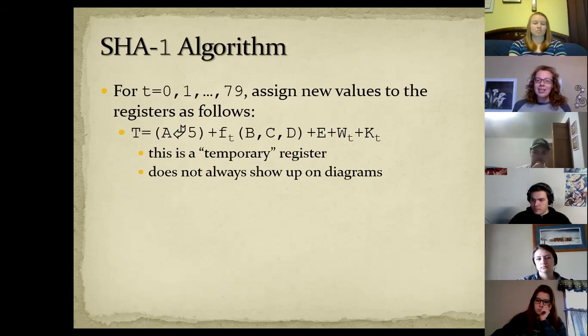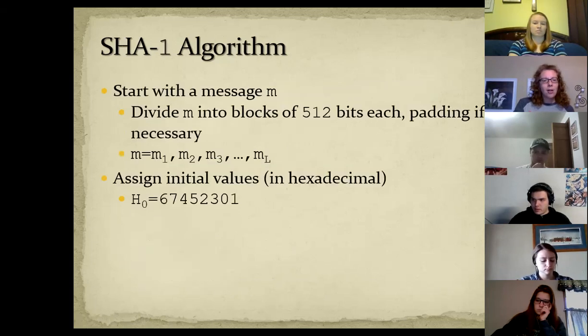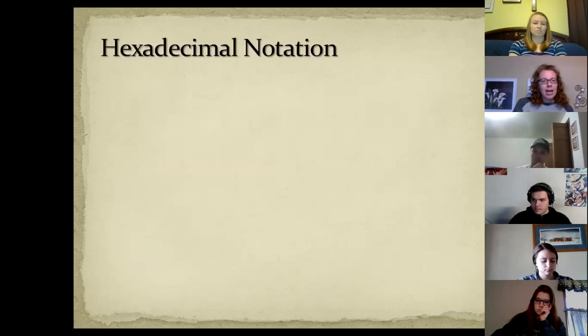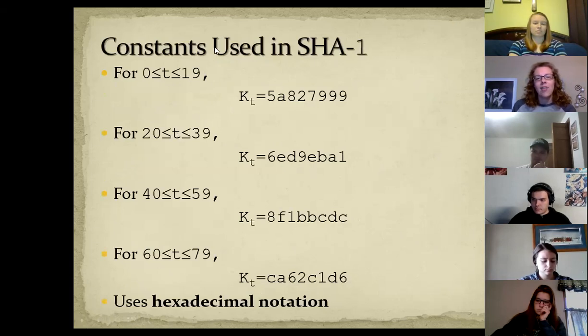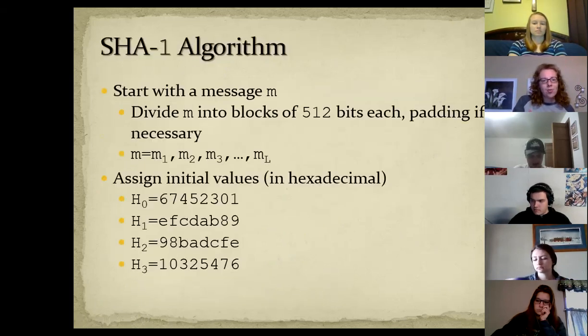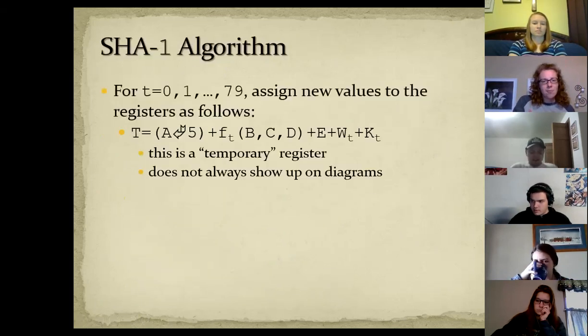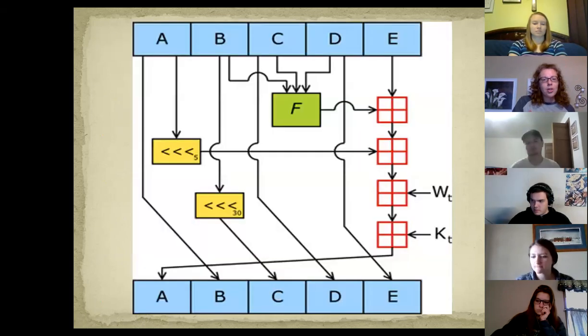That was those constants that didn't look like they had any pattern at all whatsoever. And again, these values of the constants are going to change as you go through this process for t equals 0 through 79. So we're generating this temporary value of t. Okay, let me show you that on the picture.